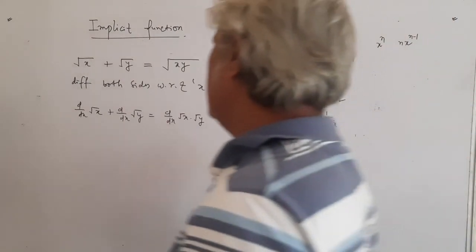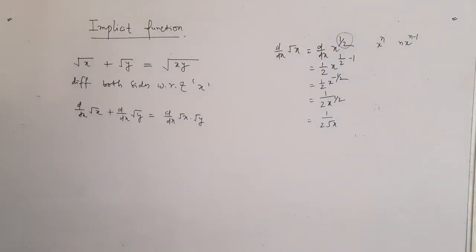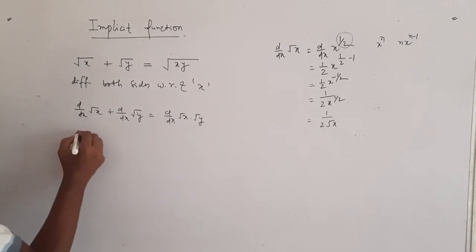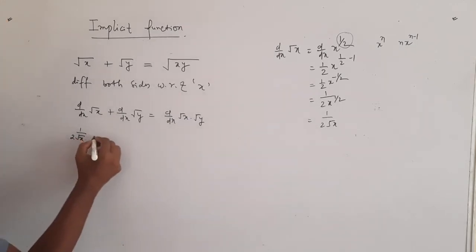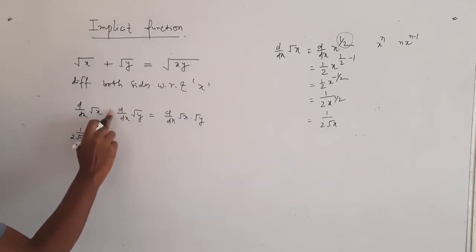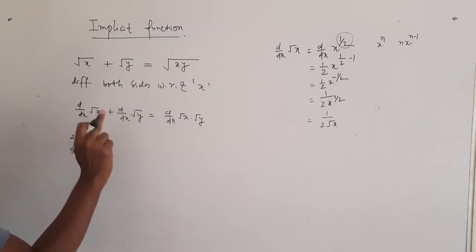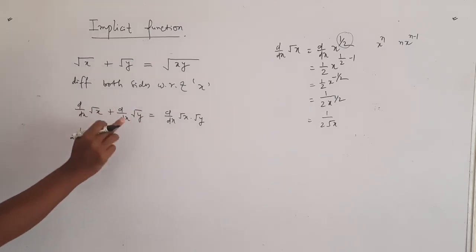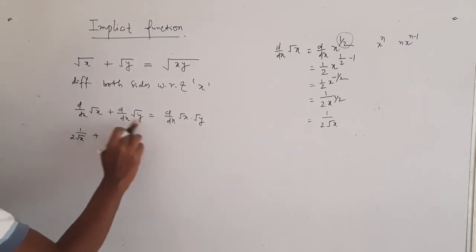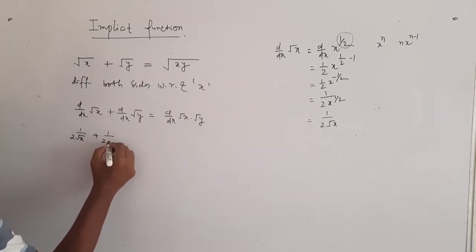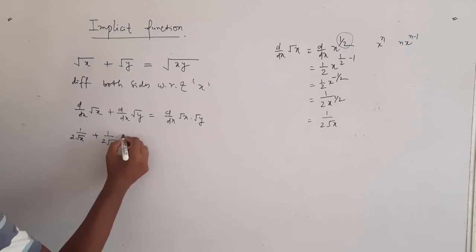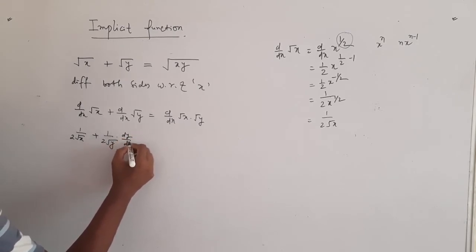Now I'll be using the same trick so that my life becomes a little easier and I get the answer a little quicker. So I write 1 by 2 root x, just like this, plus the same thing. Remember the trick, we have to differentiate root y with respect to x. So you just assume that you are differentiating root y with respect to y. So it becomes 1 by 2 root y, and then attach dy by dx.